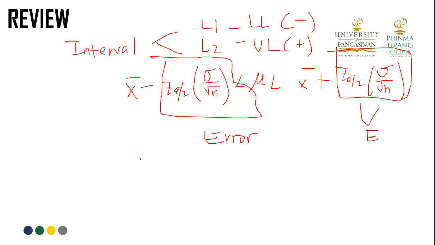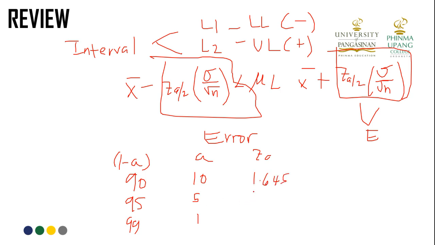And then alalahanin muna natin yung table natin. If you have the degree of confidence, that is 1 minus alpha. The commonly used degree of confidence, that is 90, 95, and we have 99. And for the alpha, that is 10%, this is 5%, and this is 1%. And for the critical value, if you have 90%, that is 1.645.